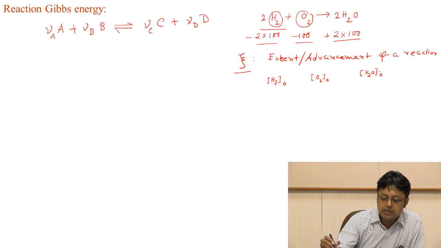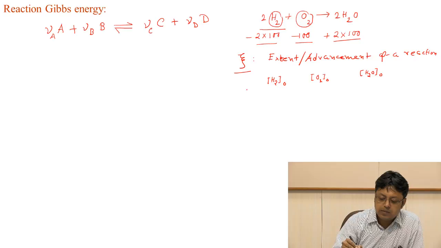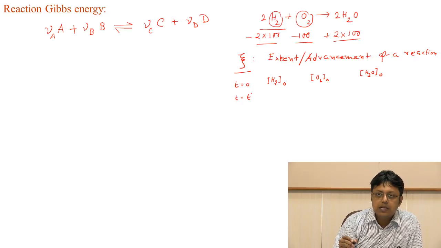The suffix 0 means at time 0. Now similarly we can ask this question at time t, suppose the reaction has proceeded by xi amount, that is the extent of the reaction.